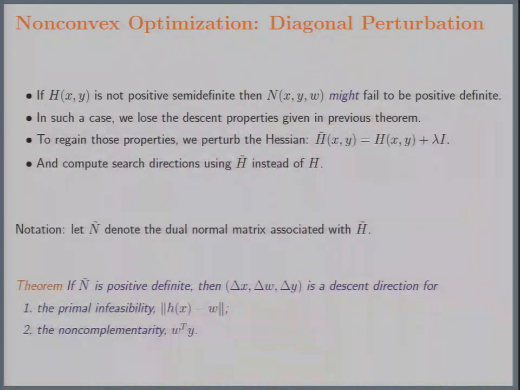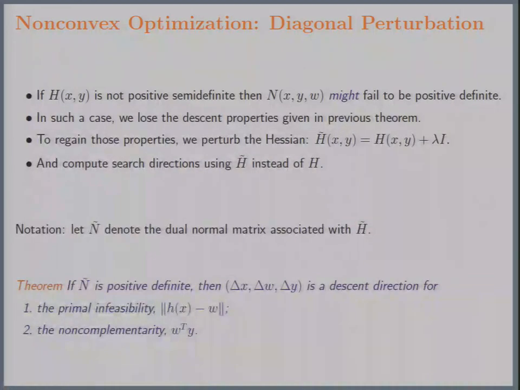So when we're infeasible, it's not going to improve. Or if we got feasible because we were lucky, we won't necessarily get close to optimality because it's no longer going in the right direction. That's really bad. But you can regain those descent properties, at least going in the right direction, in a very simple manner.